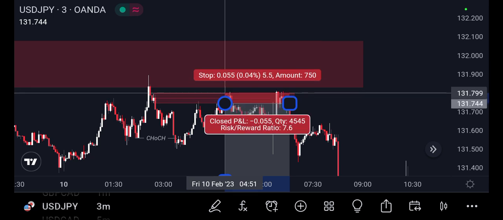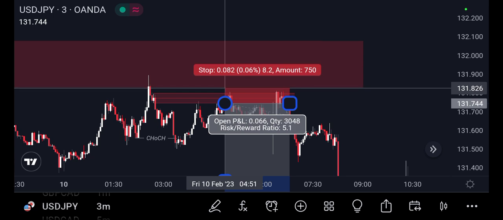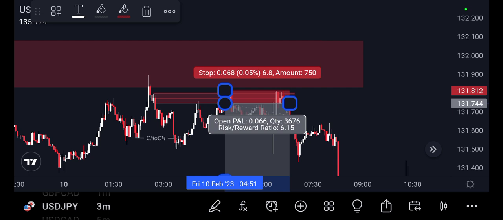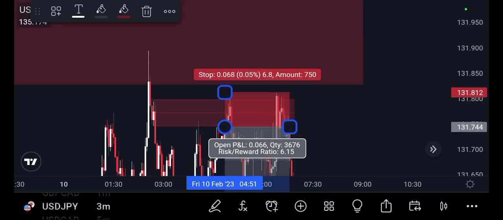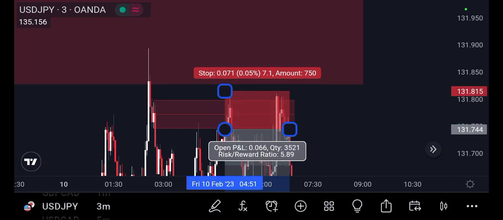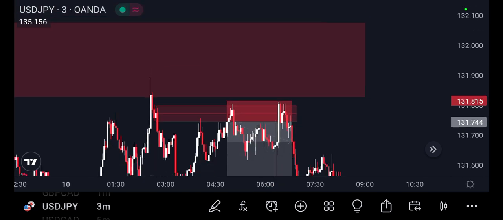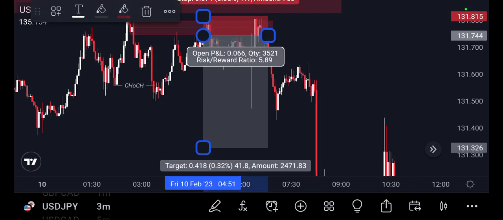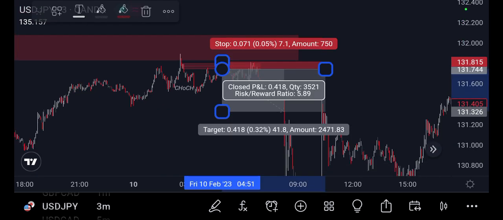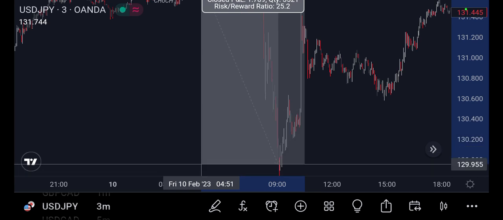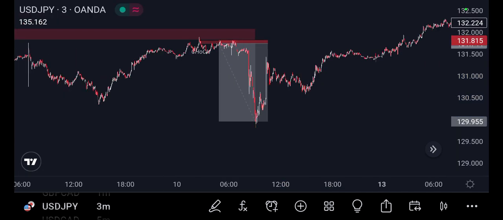So this zone right here would have been 5.1 pips, but let's say you increase it to 7.1. I said 7.1, so let me put it back to 7.1. Yeah, no, stop loss was hit, and down you go. Over 100 pips. So that is it about confirmation entry.